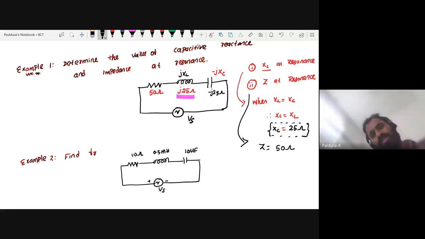So what is the formula? Simple formula: FR equals 1 divided by 2 pi square root of LC, in hertz. Very important.